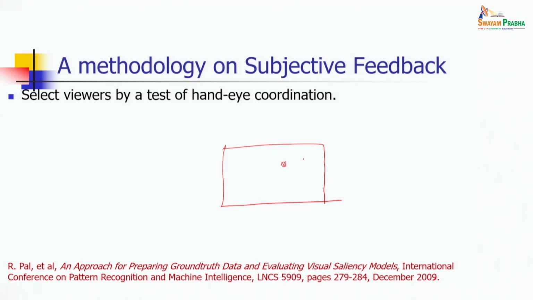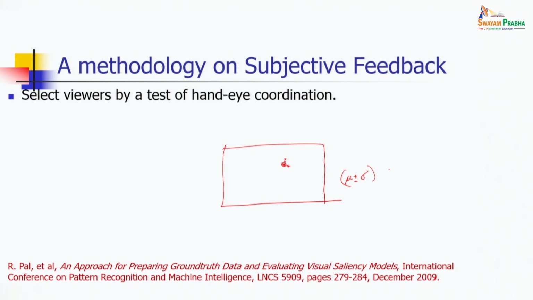The actual point is controlled and known by the system, and the viewer's response is recorded. It is noted what the deviation of the distance from this point is. If a viewer can provide feedback within a certain range, you take the average error. If the average error lies within a certain interval, then we select that viewer.